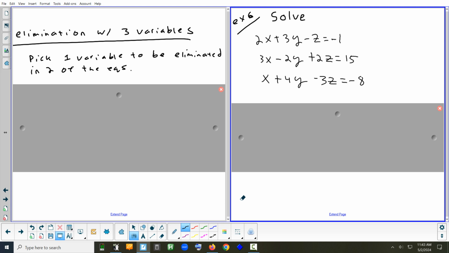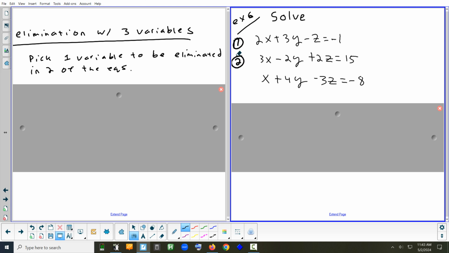Anybody? Yeah. Wait, so you're saying if we were to call the first equation A, then B, C, you add A and B, and then the result of that is you do C? Well, let's call them 1, 2, and 3. So we'll call this one equation 1.